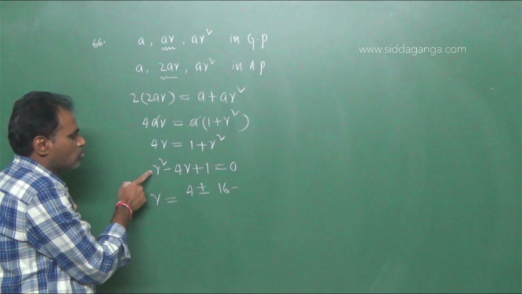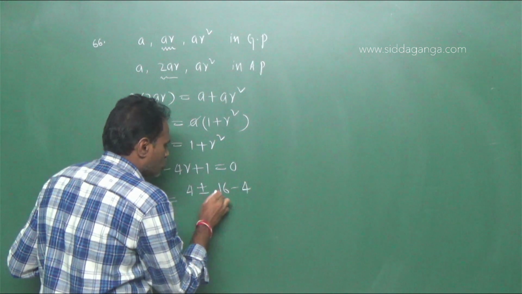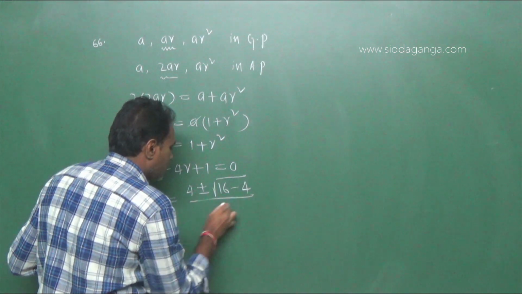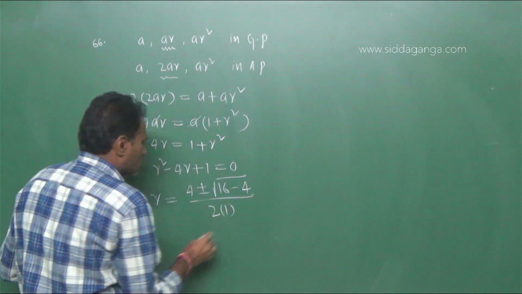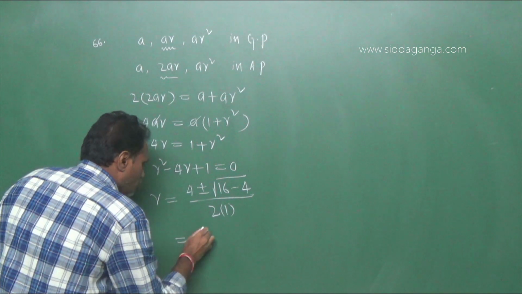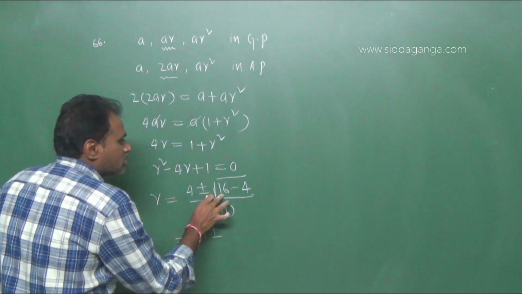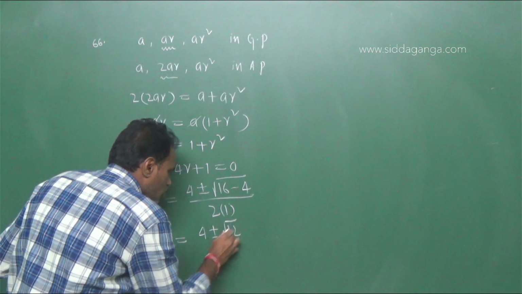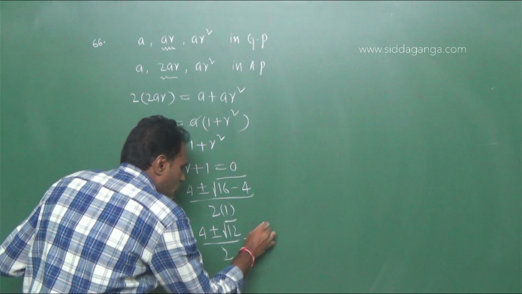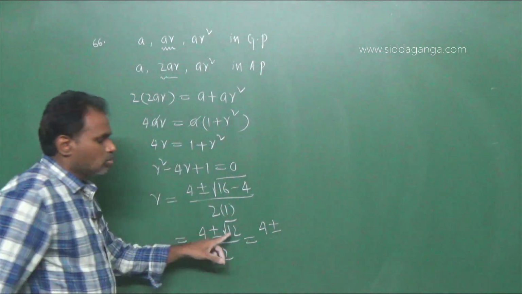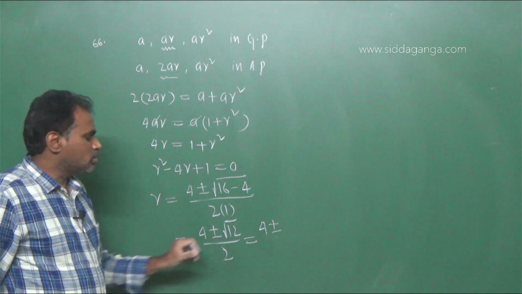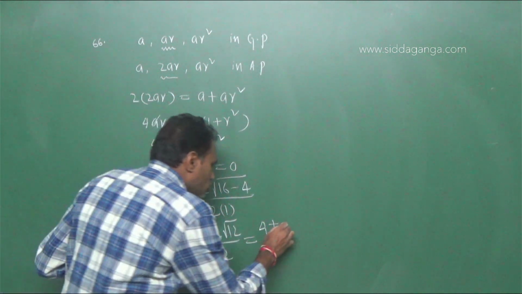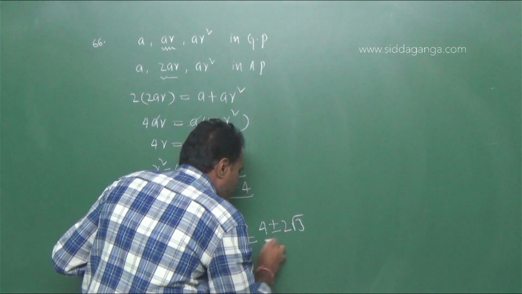That is 4 into 1, that is 4, divided by 2a, 2 into 1. Therefore, it is equal to 4 plus or minus root of 16 minus 4, that is root 12, divided by 2. Root 12 you can write as 4 into 3, root 4 means 2, so 2 root 3 divided by 2.